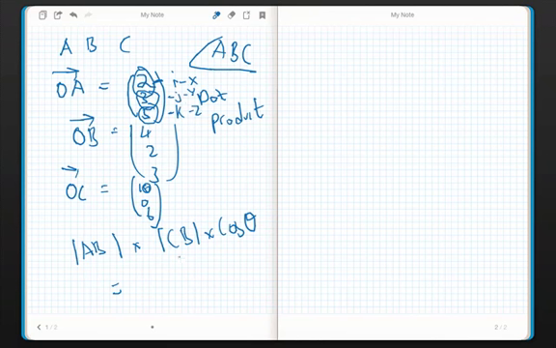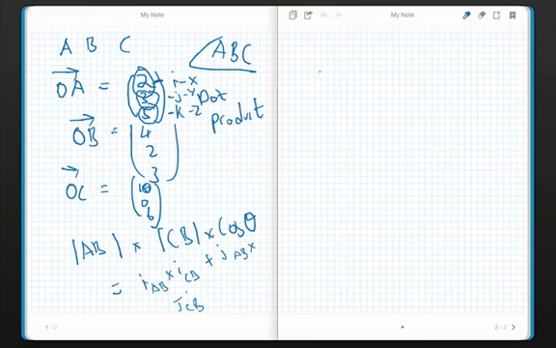It is equal to the I of the first vector, that is AB, into I of the second vector, that is CB, plus J of the first vector, J of the first vector into J of the second vector, and so on. Again, these are lowercase.